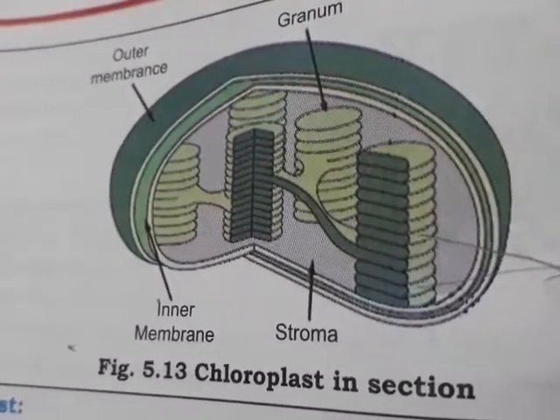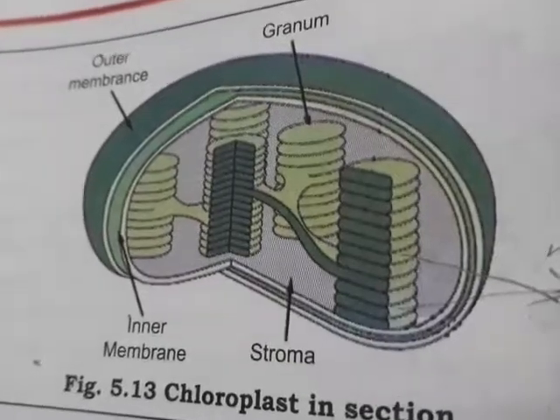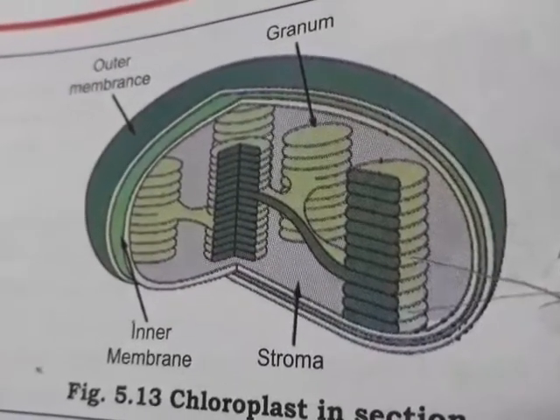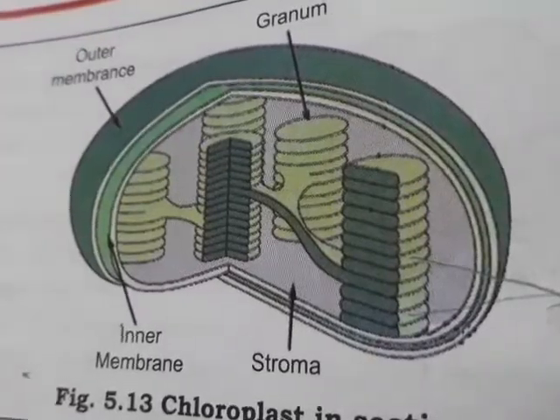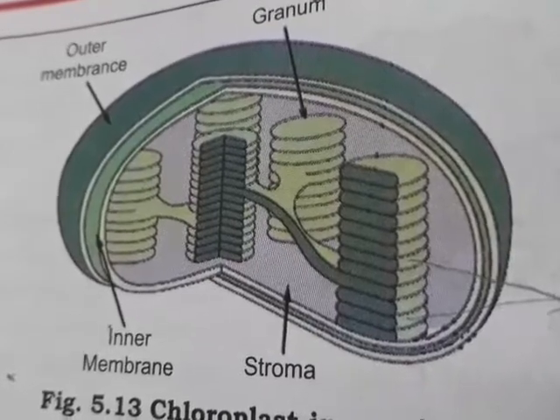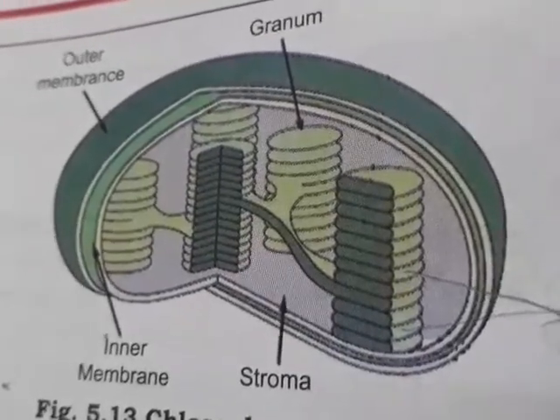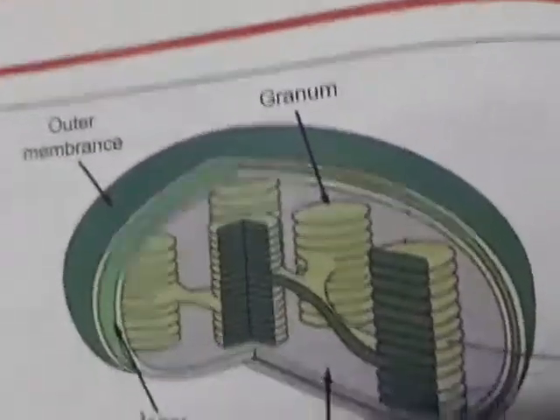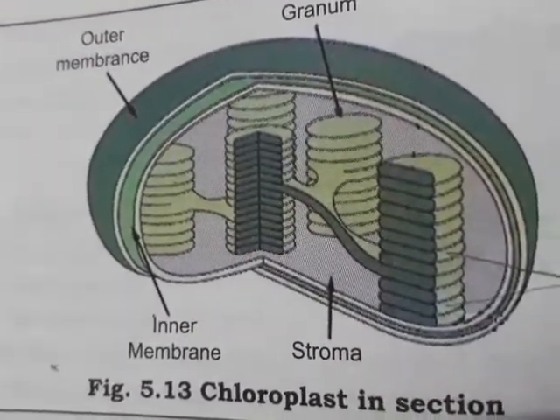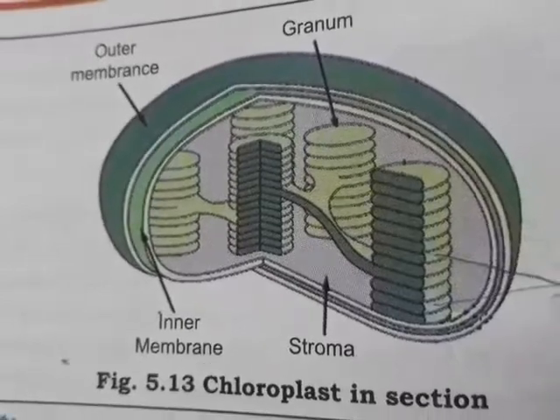There are two types of plastids. One is chromoplast. Chromo means colored plastids. And the other is leukoplast. Leuco means white or colorless plastids. Those two types of plastids are present. Plastids containing the pigment chlorophyll are known as chloroplast.